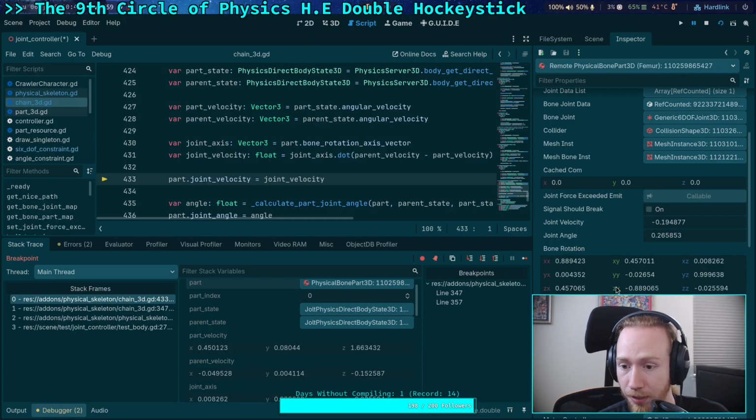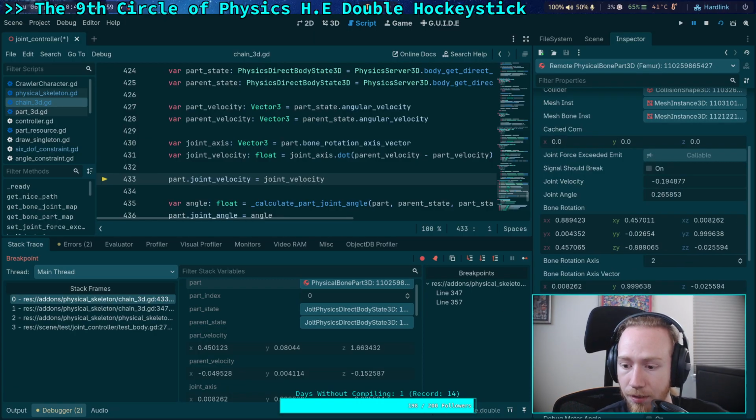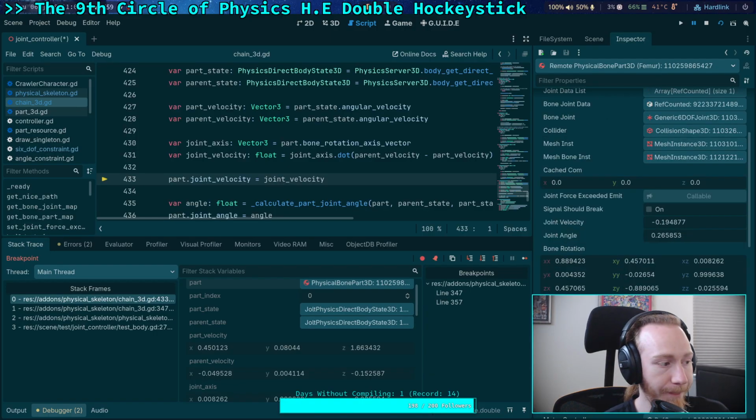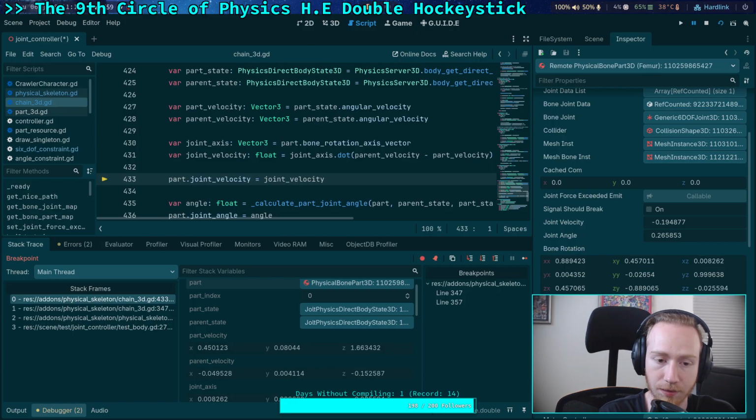This part computed an IK, a current joint angle of this, an IK angle of this, and it said I want to have this negative value velocity, and it just solved to stopping itself. Which is weird why that happened.